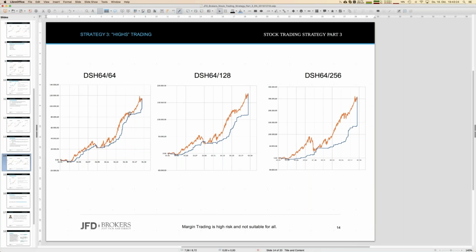Still, I have to remind you that we are not reinvesting money. So it's not like you would do with normal trading. If you have profits, you might reinvest those profits. No, here we constantly buy, whenever we buy, for $1,000 stocks, shares of a single company.